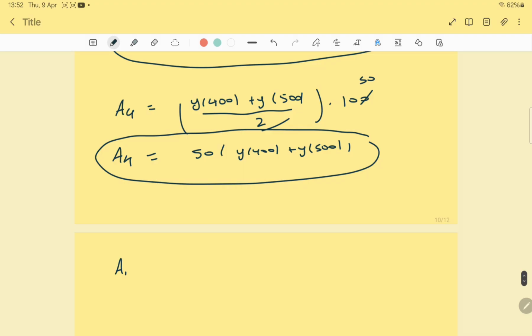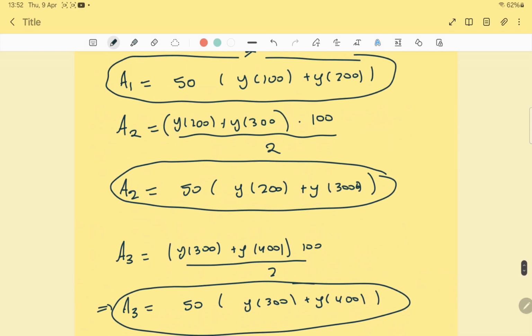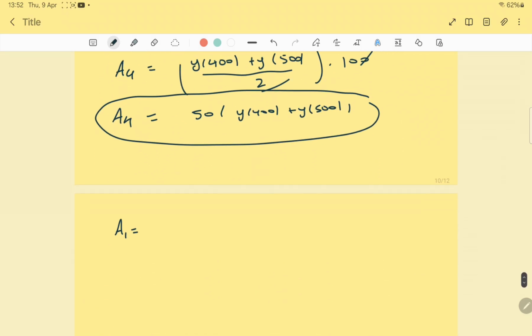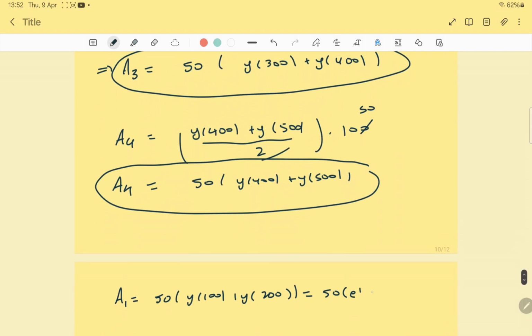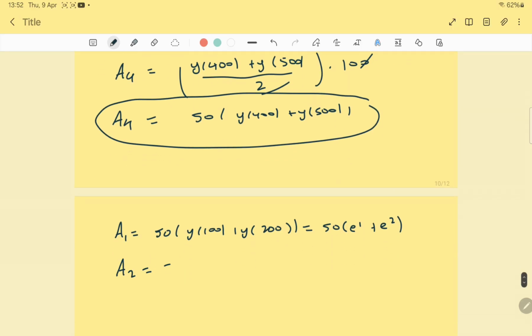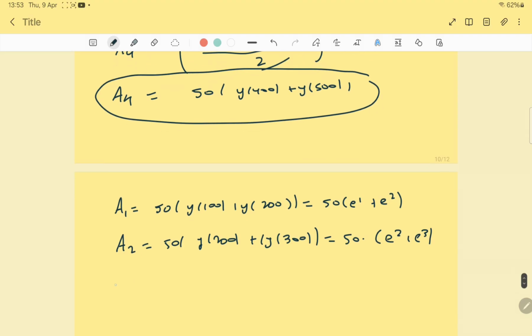So A1 is going to be 50 times y 100 plus y 200, which is 50 times e to the power of 1 plus e to the power of 2. A2 is going to be 50 times y 200 plus y 300, 50 times e to the power of 2 plus e to the power of 3.